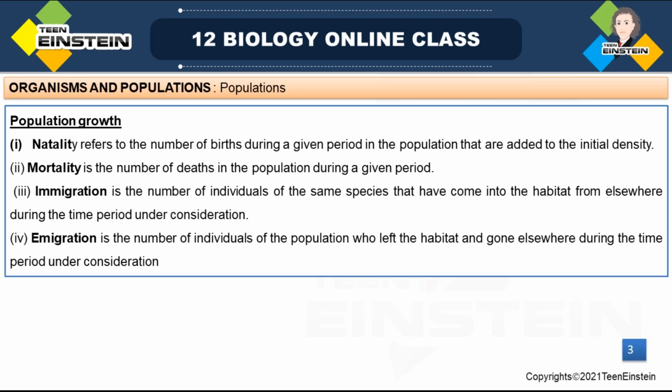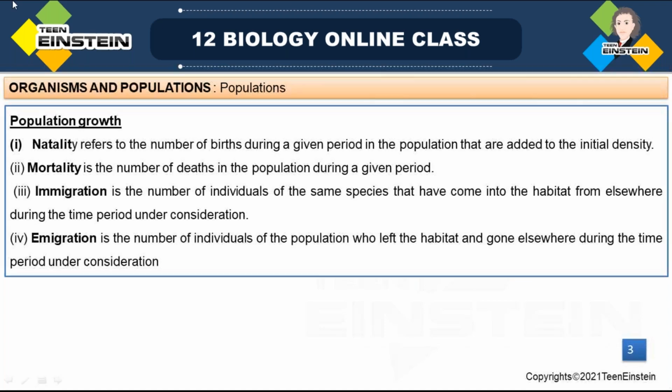Mortality and emigration decrease the population. No doubt, because you may get a question like, among the following, which one increases the population growth or population density? So you should know the definition of each one so that you can answer it properly.